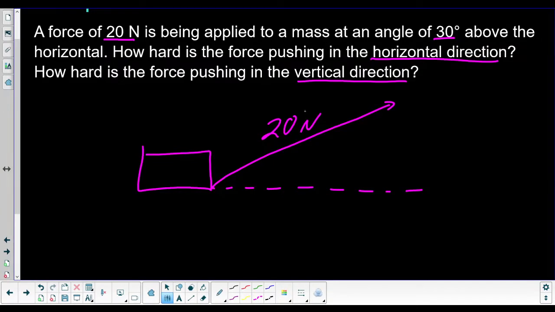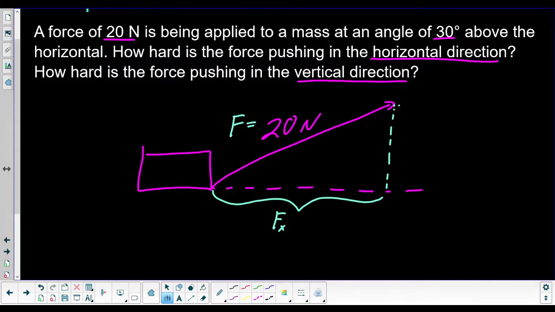So if we want to know the components of this, what we want to do is turn this vector into a right triangle. The way we do that is we go to the arrow tip, the end of the vector, and we drop a line straight down. So now this length here is going to be the x component, or Fx, of this force.